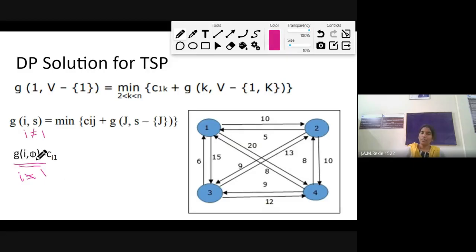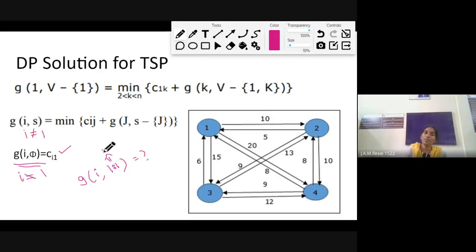So G of I comma null will be the direct edge cost from I to 1, that will be taken. So this will be computed first. Then we will be considering for every I other than 1, by having one intermediate vertex, what is the cost? Okay.